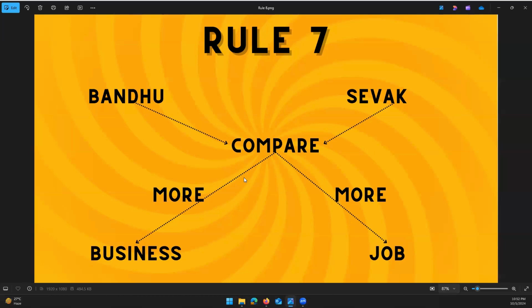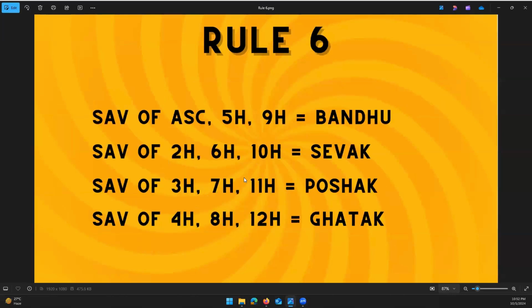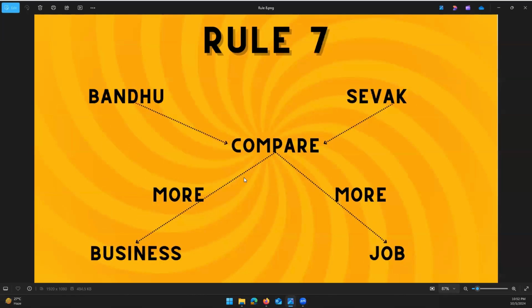Whereas if Sevak has more points, that means a person may have to do a job or be in the service industry, because this person has to serve. Sevak is nothing but your Earth Trikon, which is 2nd house, 6th house, and 10th house. If Sevak group has more points, that means the person will have to serve others.